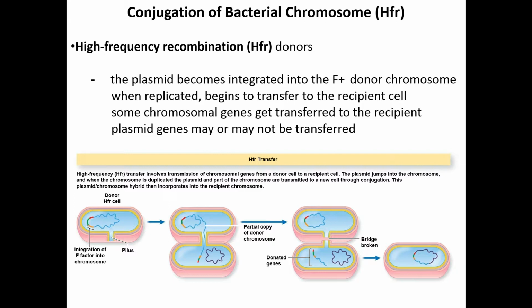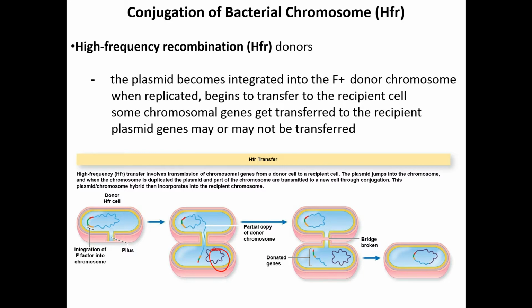But the bacterial chromosome is really big, so we have this process called high-frequency recombination, where the F plasmid from the donor cell, when it transfers to a recipient cell, can actually incorporate itself, integrate into the bacterial nuclear DNA, like here.